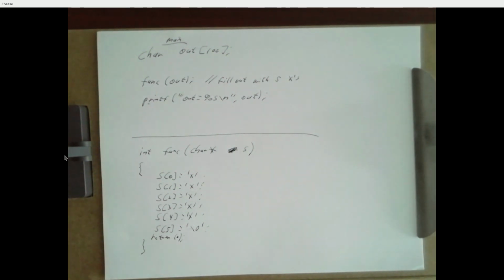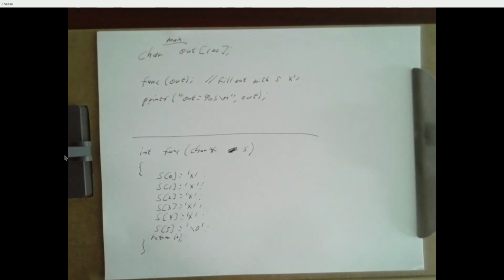So in my function, I'm going to take S, and it's an array, because it's a pointer to a character. It's an array of characters, so I'm going to set the first 5 elements equal to the character X. I'm putting a null terminator in the 6th position, which is S bracket 5, and then I'm just saying return 0. I don't do anything with that return value, but that's okay.